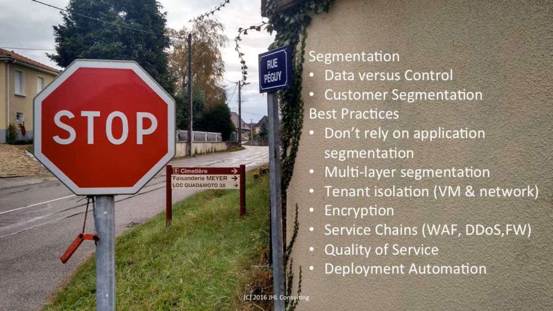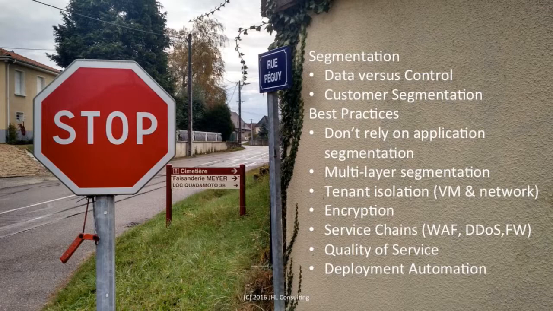One of the most common ones I see is lack of segmentation. A SaaS provider might take all of their customers and put them together in one installation of an application, so there's no segmentation of customers across this implementation. What you end up seeing, and I have seen this happen quite a bit, is if there's a bug in the application layer, one customer can see another customer's data.